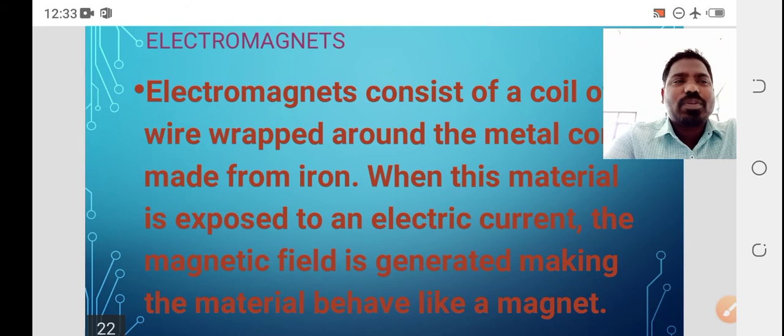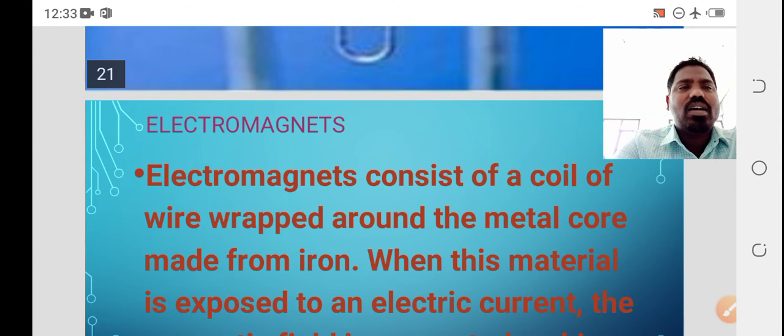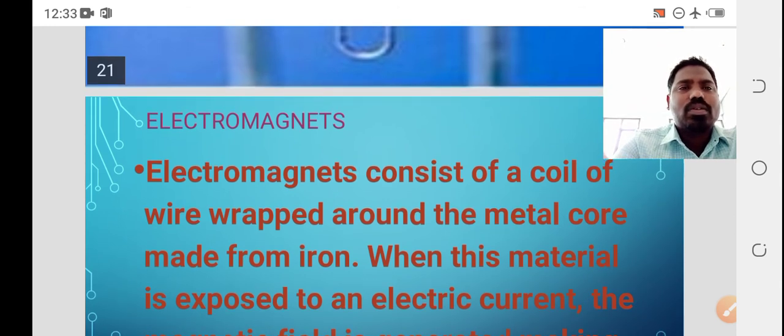Another type of magnet, the third one, is the electromagnet. What is an electromagnet? An electromagnet consists of a coil of wire wrapped around a metal core made of iron.